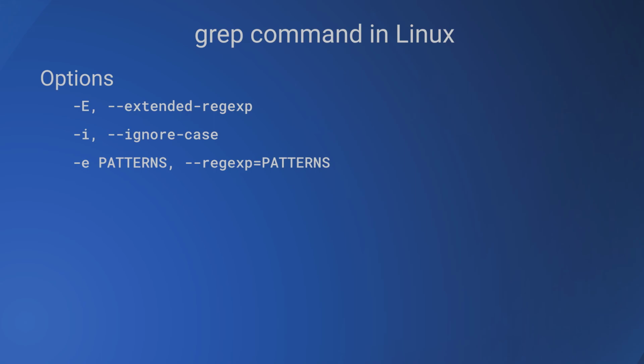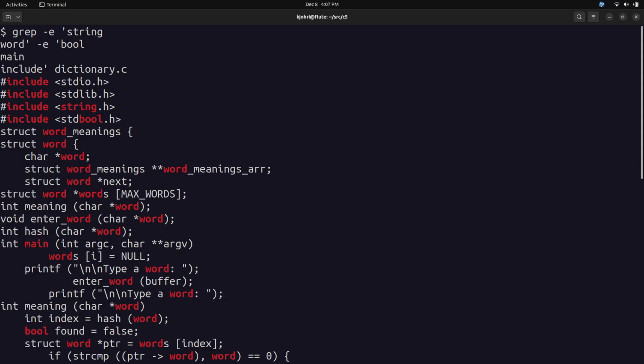These patterns have to be separated by new lines. For example, grep -e string, new line, word, -e bool, new line, main, new line include, dictionary.c, and we get this output which includes all the patterns.